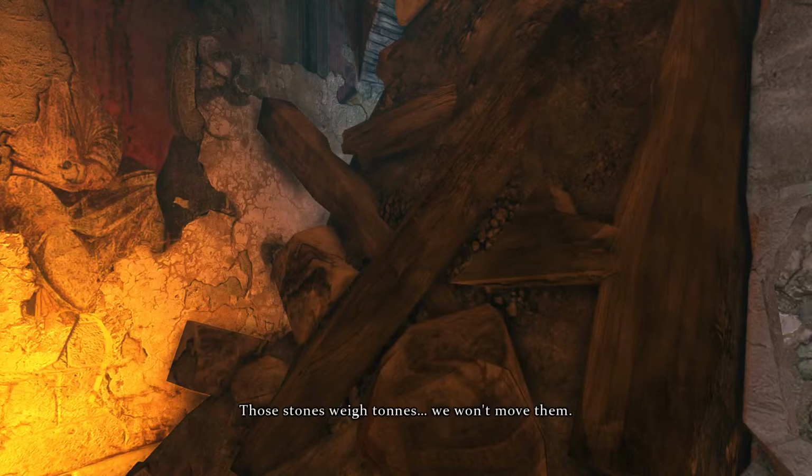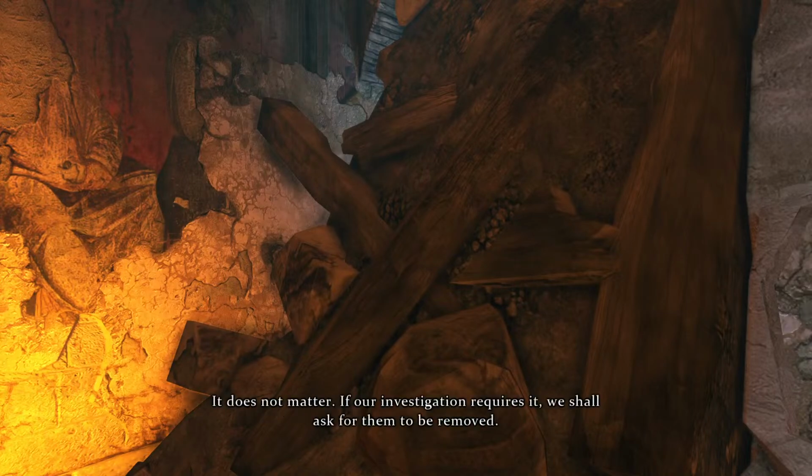Those stones weigh tons. We won't move them. It does not matter.